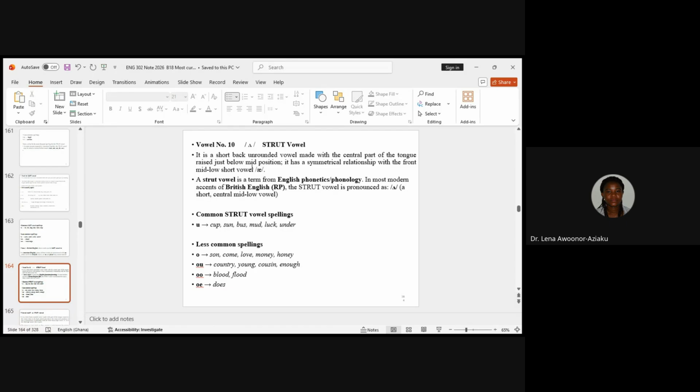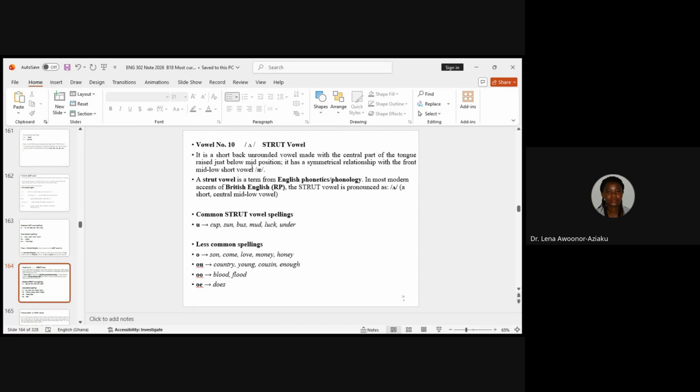And so today, the word son, mother is not pronounced with the strut vowel in Northern England. If you go to the Manchester area, Leeds and Liverpool area, they say mother, boss, love with the put vowel. But when it comes to RP, it is a strut vowel.